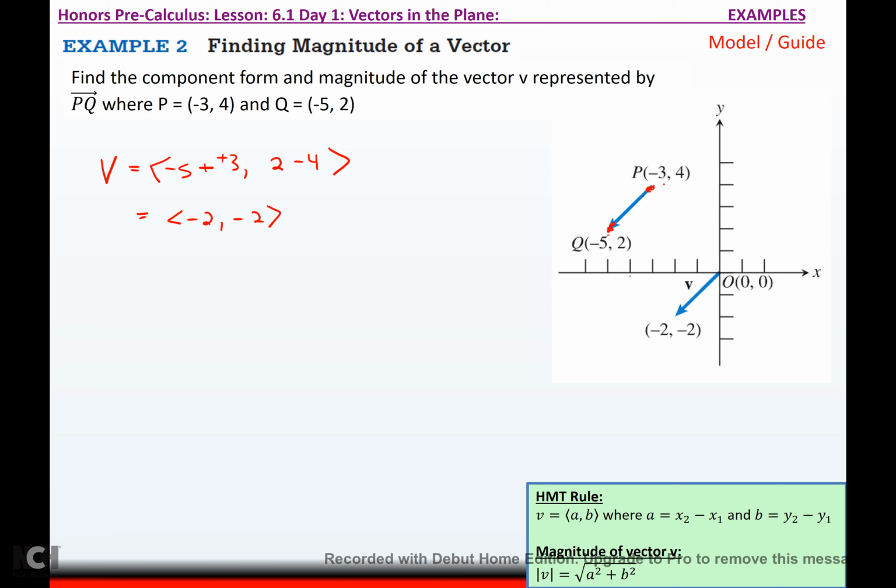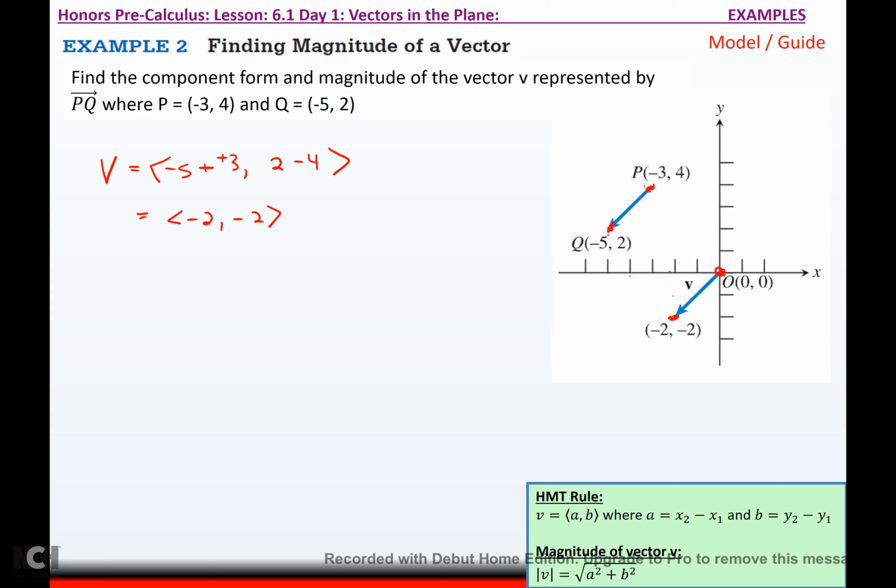What you're doing basically is saying, if I moved this to start at the origin, where would it end up if I shifted it down to the origin?